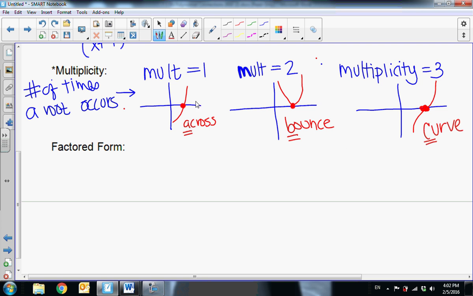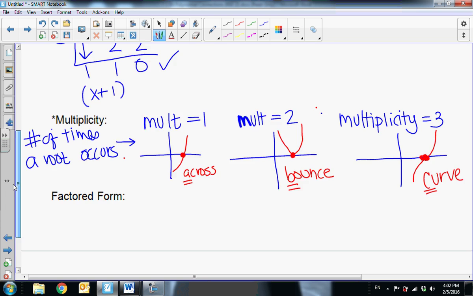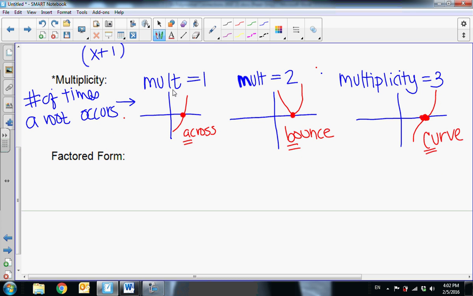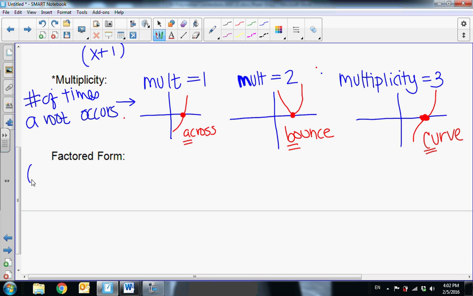Okay, so let's kind of think back on this problem a little bit. We saw that x equals 2 is a root 3 times. So when I write this out in factored form, I would have x minus 2 times x minus 2 times x minus 2.